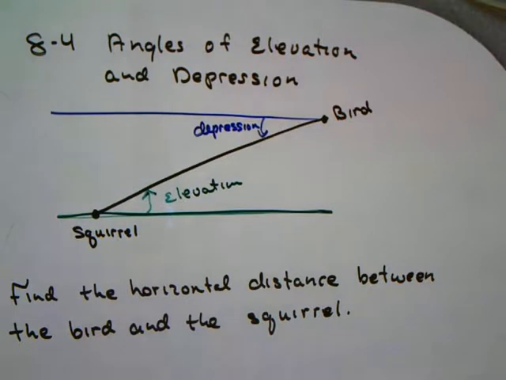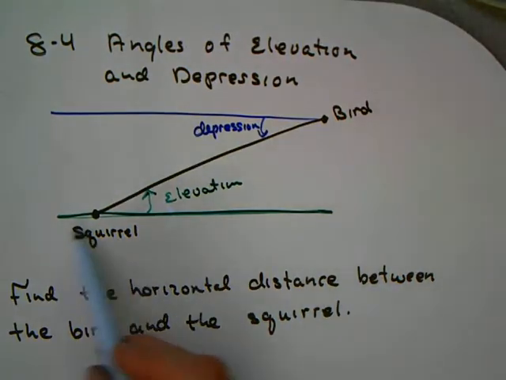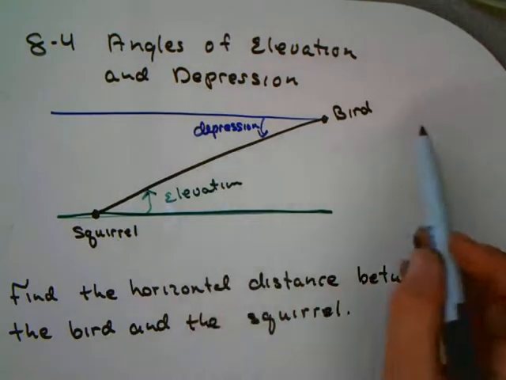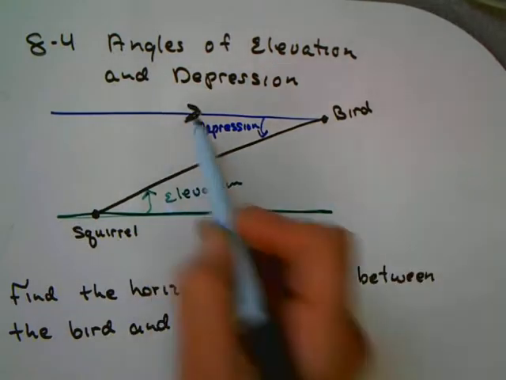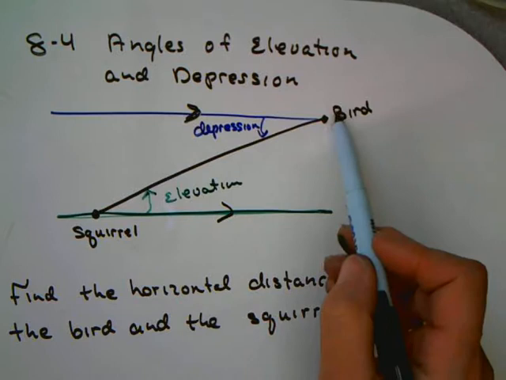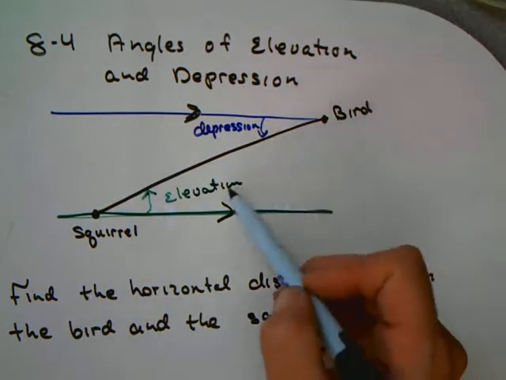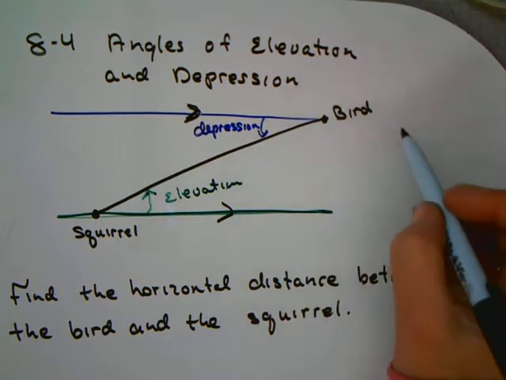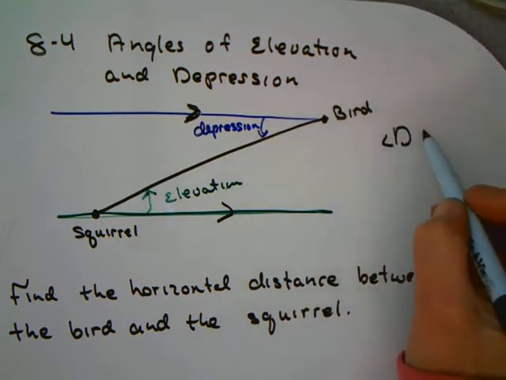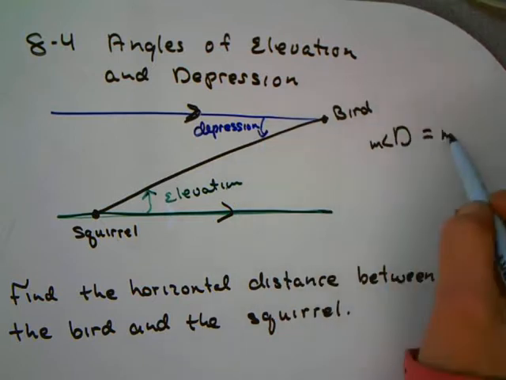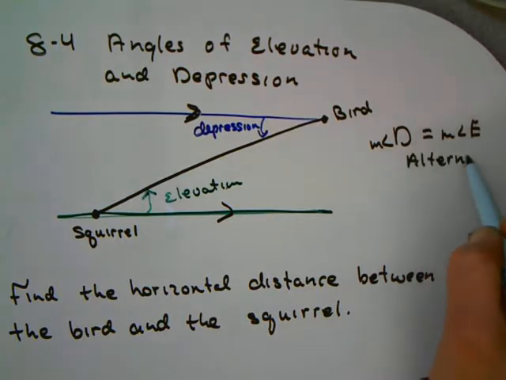Because the ground and the flight of the bird are parallel lines, and you could think of this line between them as a transversal, the angle of depression equals the angle of elevation. The measure of that angle equals the measure of the angle of elevation by the alternate interior angle theorem. So these have to be equal.